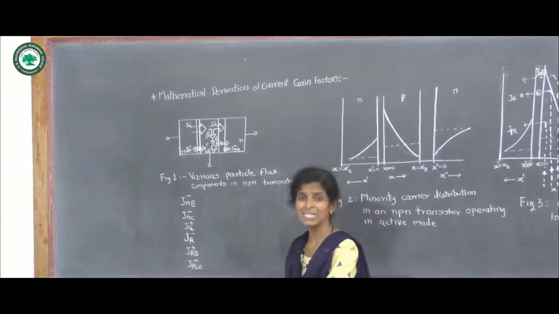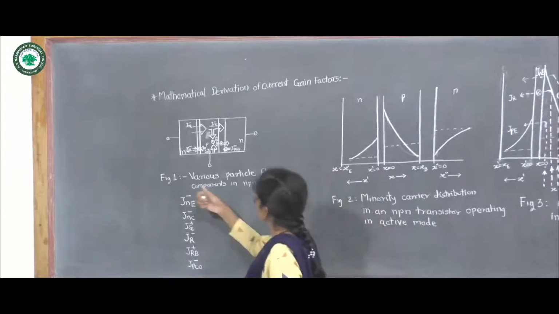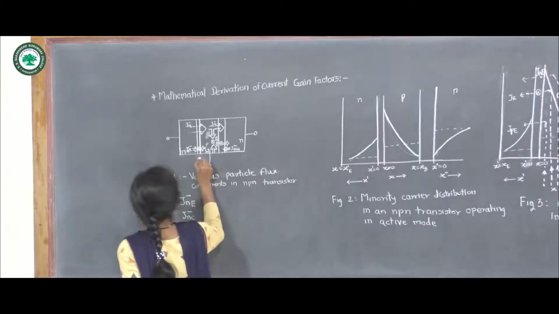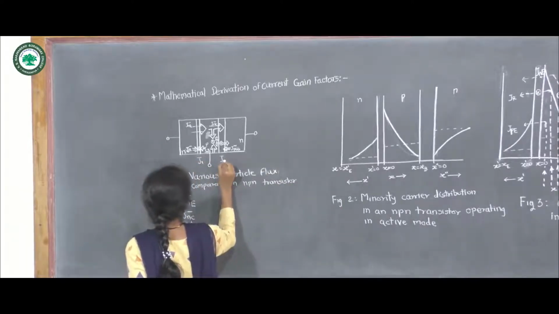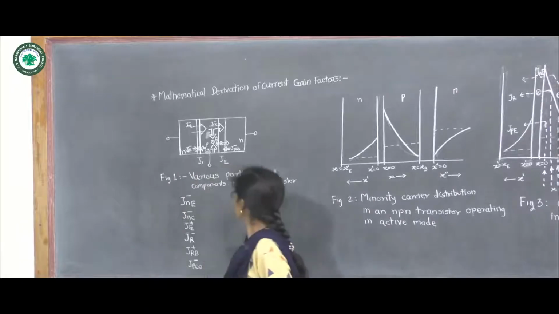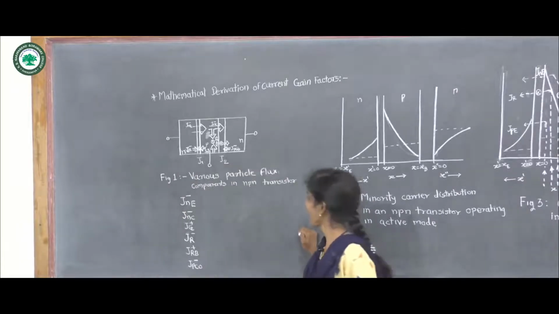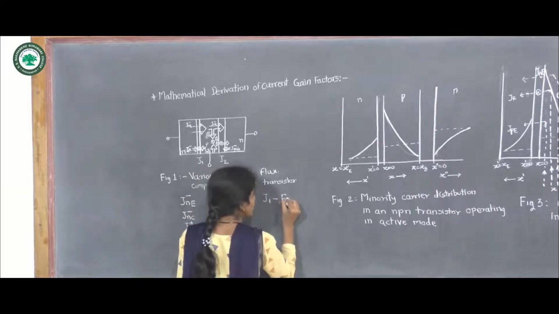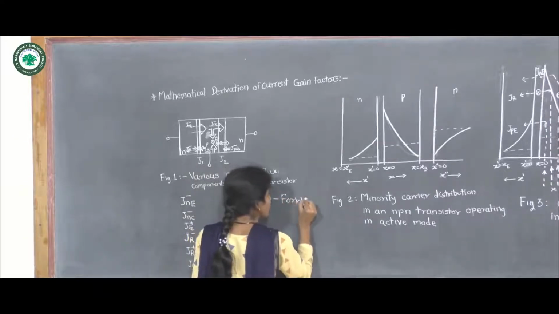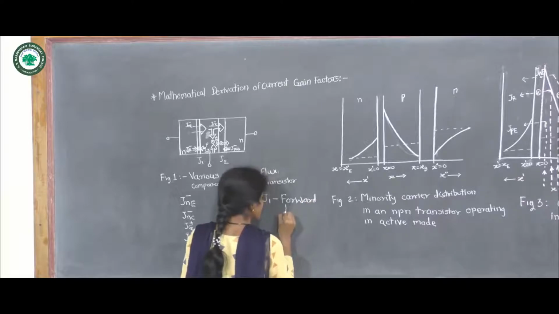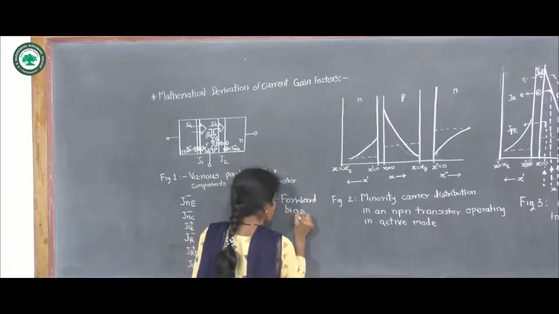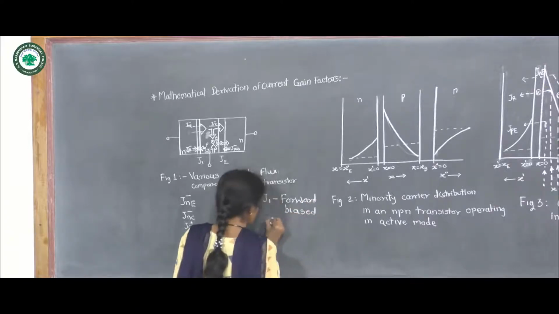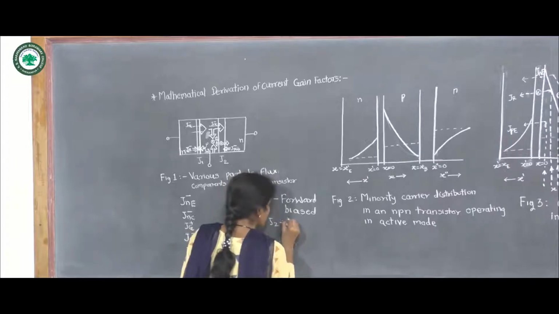That is, when this NPN transistor is in active mode, say this is a junction J1 and this is a junction J2. So when this NPN transistor is in active mode, junction J1 is forward biased and junction J2 is reverse biased.